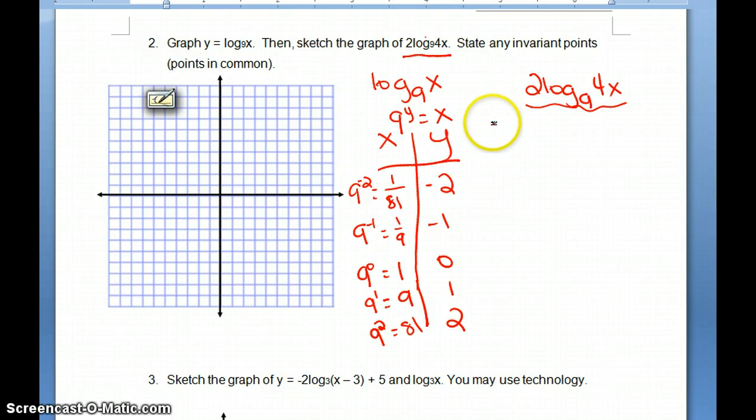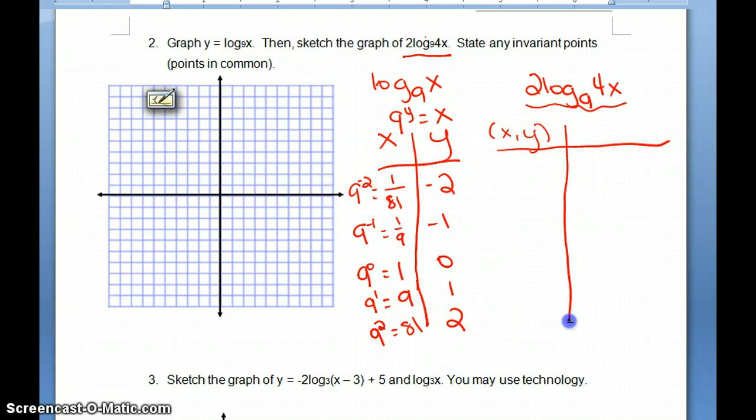What we're going to do is take our original coordinate (x, y) from this table of values, and then apply those parameters. Those parameters here, we have this 2 in front of the log. That is your a value, equal to 2, and your b value is 4, that's the value sitting right beside that x. So b is equal to 4, which means it's going to have a stretch of 1 over 4. That's the stretch by that factor, okay?